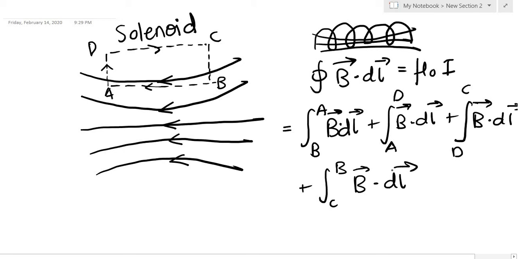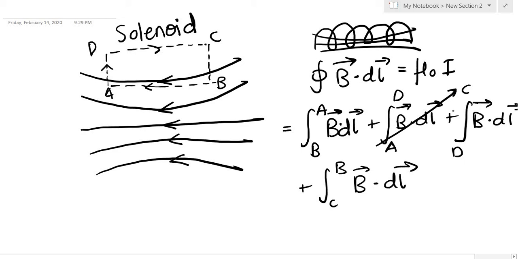And now many terms are going to cancel out, because look over here, the magnetic field and the dl element on this side AD are 90 degrees with each other, so the dot product, or cos of 90, is 0, right?